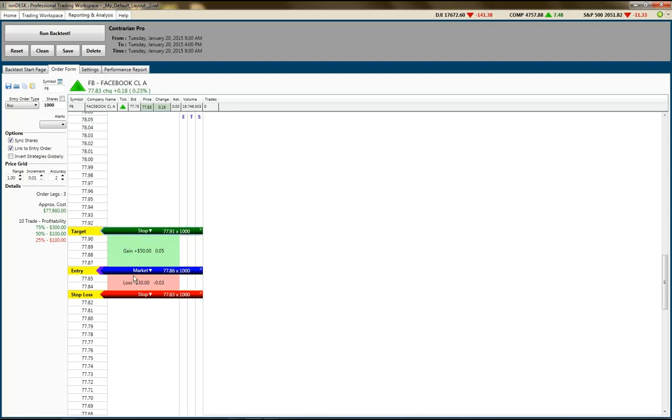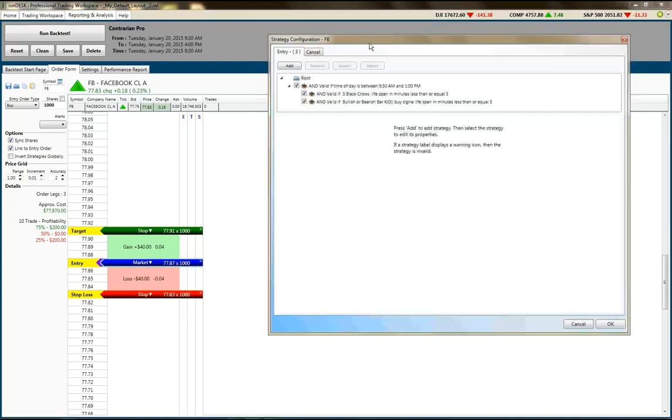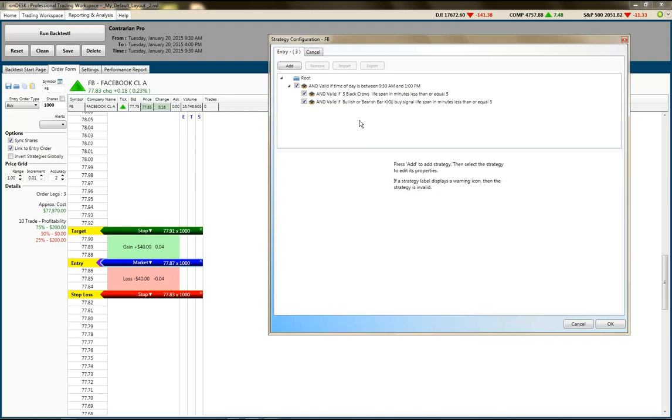Okay, so let's continue to add the and conditions, if you want to make your strategy tighter. Oh yeah, all day. Yep. That's exactly what the tree is for.